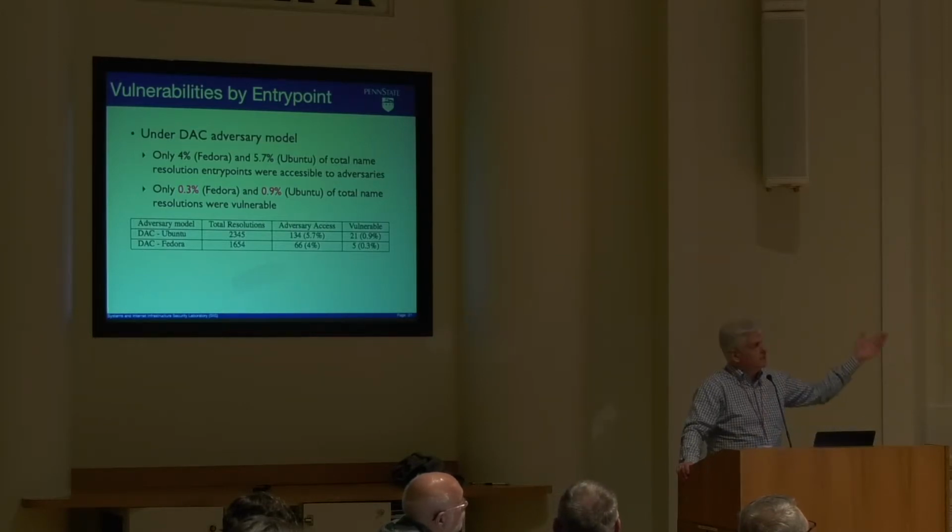And as you can see, about 10 to 20% of the name resolutions that we saw were vulnerable. That is, the programs themselves weren't expecting these problems and they did not defend against them. And so, you know, it's less than 1% of the total name resolutions, but that's not very heartening. Still, it's a significant number.